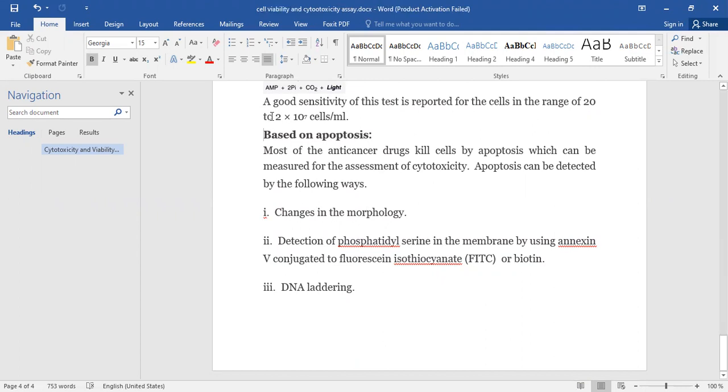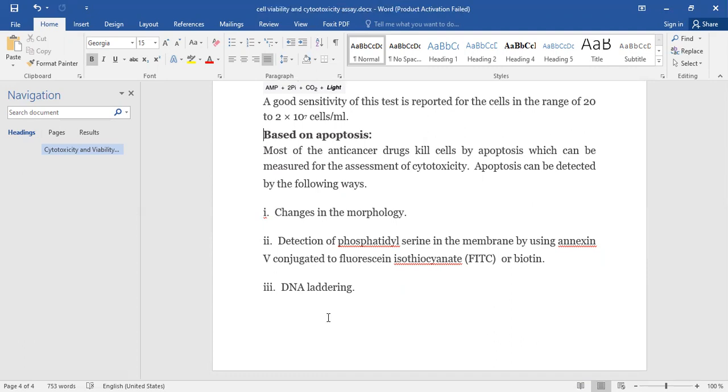If the cells are lysed or not surviving, there are some changes which we can identify. The changes include changes in morphology, the detection of phosphatidylserine, and DNA laddering. These changes are observed in the cells when they are not surviving.